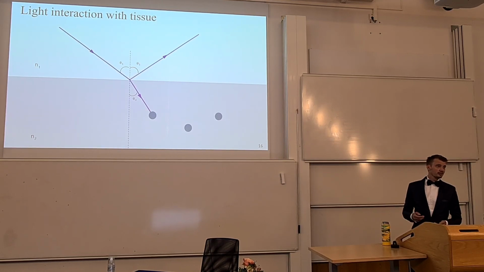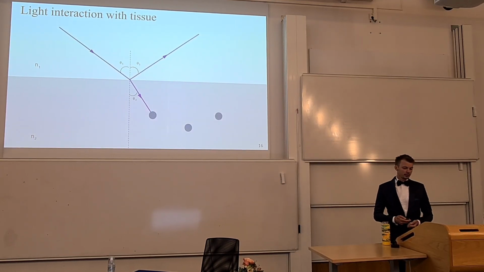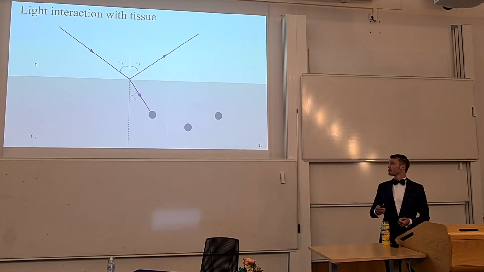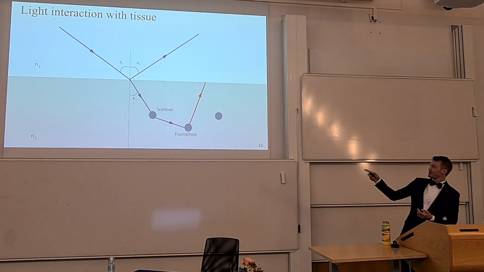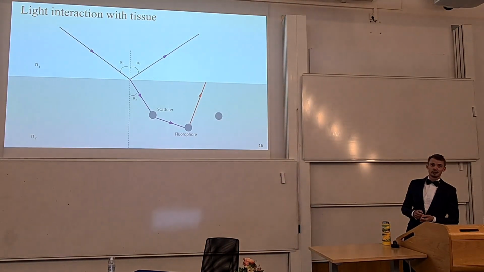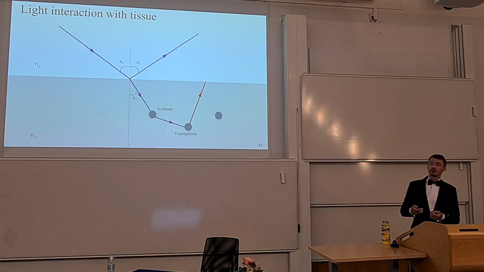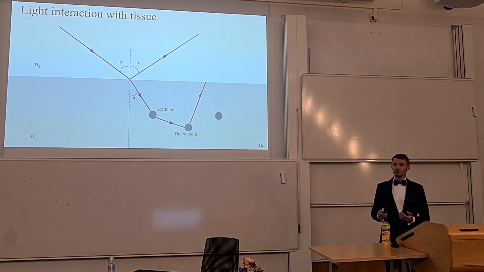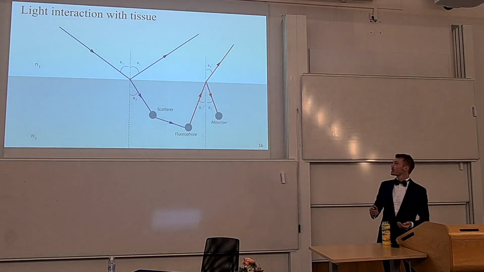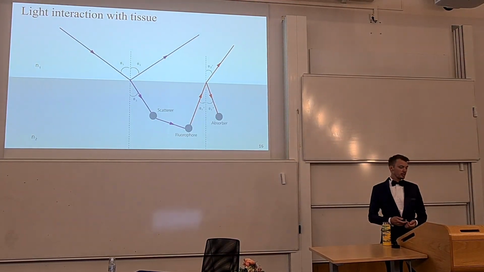Then inside this insect you will have different particles that can absorb the light and so on. So the light can be scattered, or it can be absorbed and re-emitted as fluorescence. Here you can note that the line changed color, and that's because fluorescence changes the wavelength of the light. Now it hits the boundary again, so you will have more refraction and more reflection until the light is finally absorbed in the tissue.